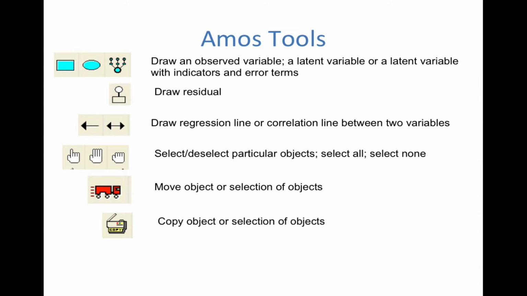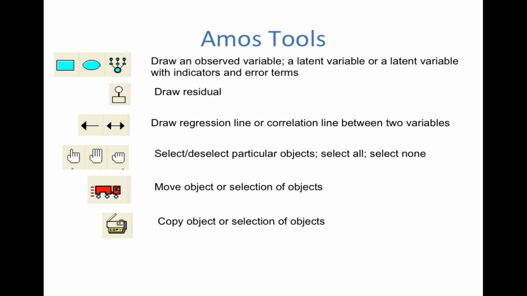But in general, Amos allows you to draw observed variables and latent factors, and there's a dedicated tool to create these little confirmatory factor analytic nuggets, if that's a word: latent variable indicators and residuals. When you're doing regressions, you'll need to add specific residuals.